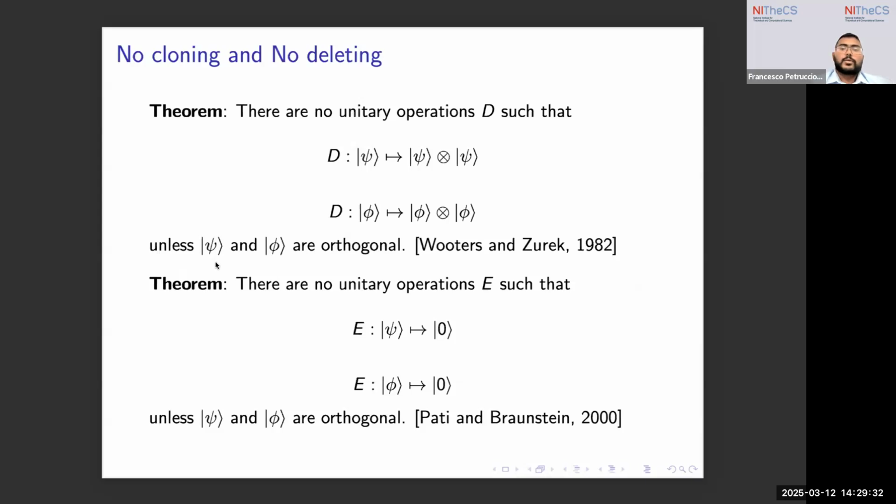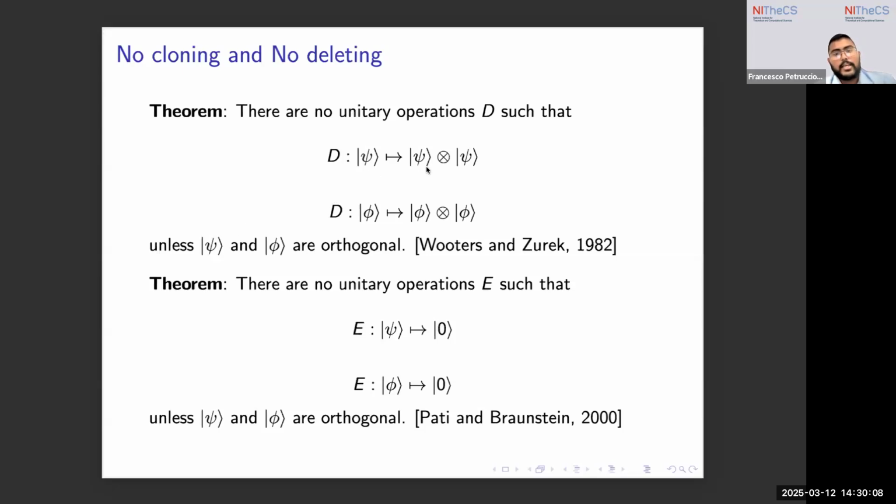So moving back to some quantum mechanics, what is another key feature that we want to capture in this language of string diagrams? In quantum mechanics, we have these no-go theorems. So in particular here, we have a no cloning and no deleting theorem, which says that for no cloning, there are no unitary operations D such that D goes from a state to the state tensor itself.